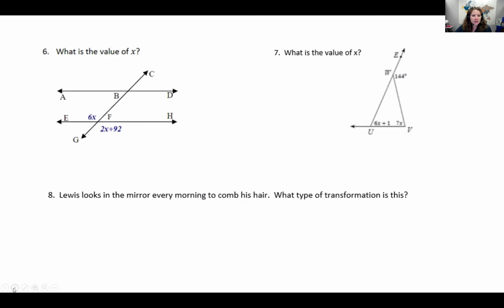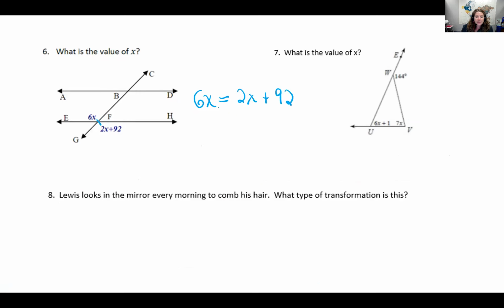Moving on. Number 6, what is the value of x? These two angles they've given us information on are vertical, and vertical angles are equal. So I'm going to set them equal to each other: 6x is equal to 2x plus 92.